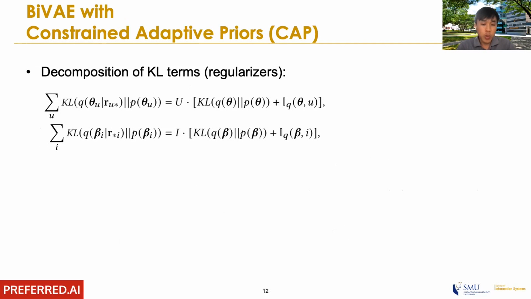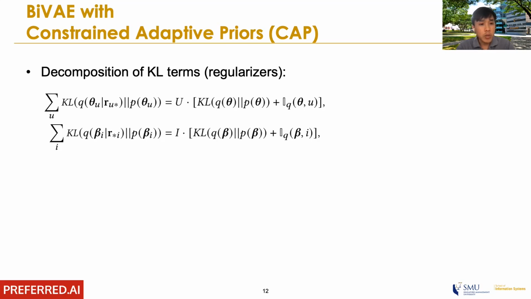Another contribution that we want to emphasize in this paper is the method we propose called constrained adaptive priors. So what is that? In optimizing the evidence lower bound, which is the ELBO for short, the KL terms in the ELBO can be expressed in the following form.